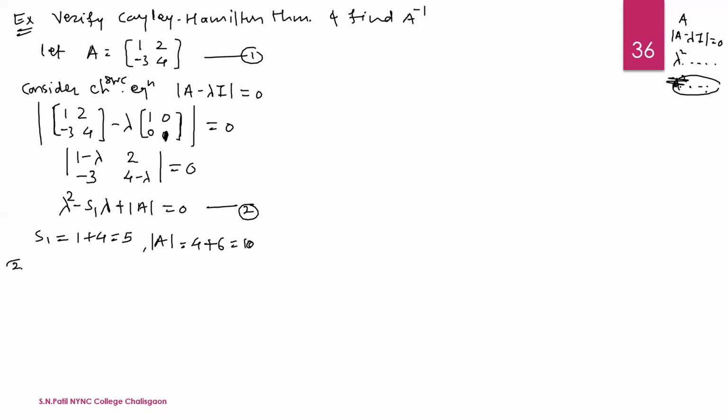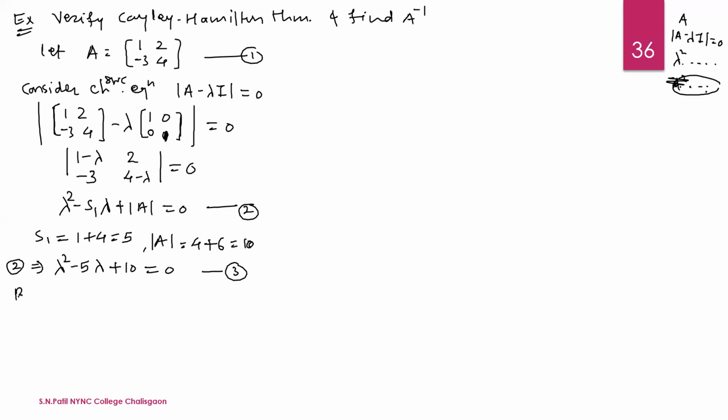Substitute in equation 2. Equation 2 becomes lambda square minus 5 times lambda plus 10 is equal to 0. Okay, say equation number 3.